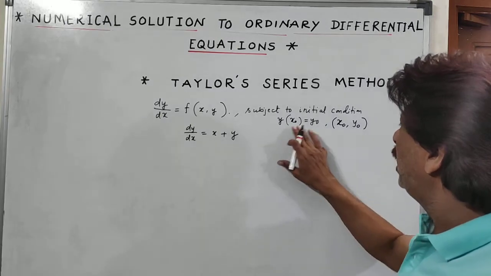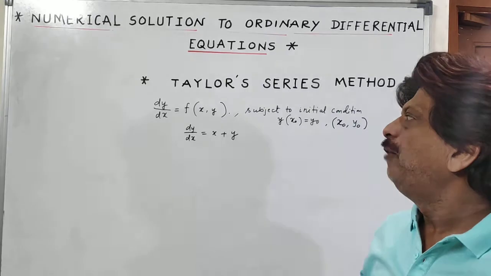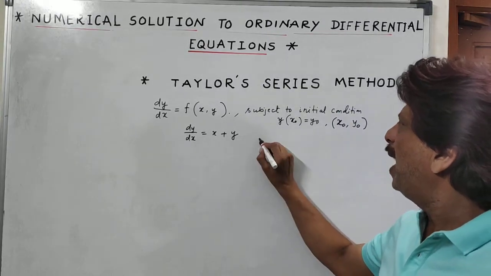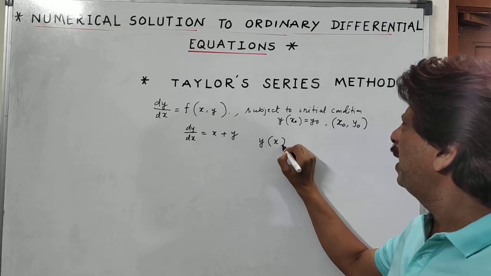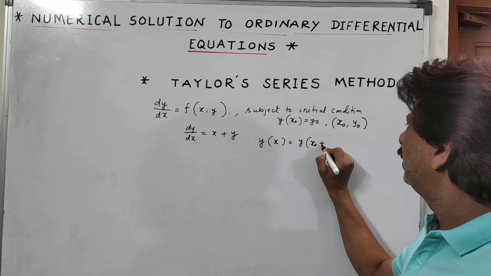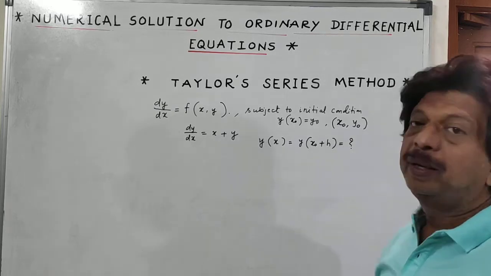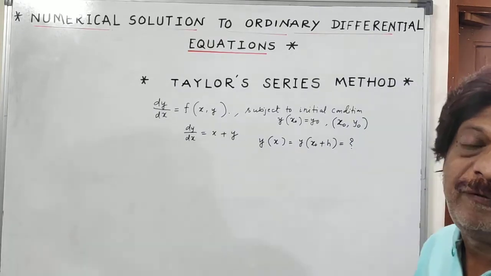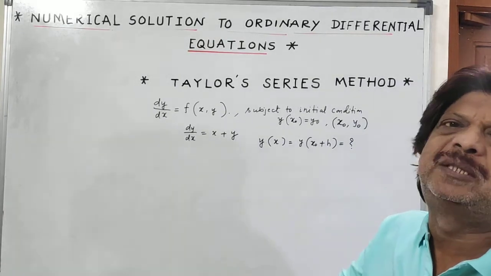If these two numerical values are given to us, then we can determine y of any x. If x is equal to say x0 plus h, then we can determine the numerical value of ordinate y when x is equal to x0 plus h.